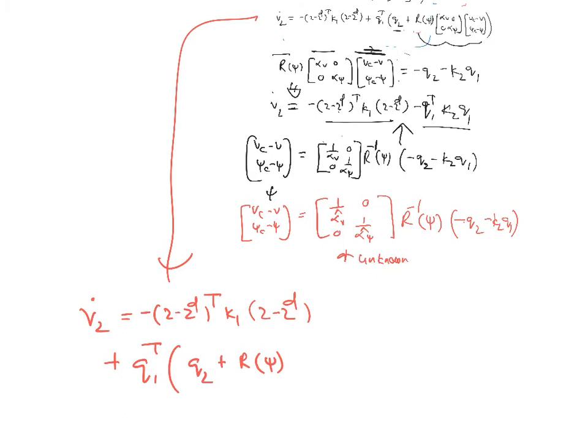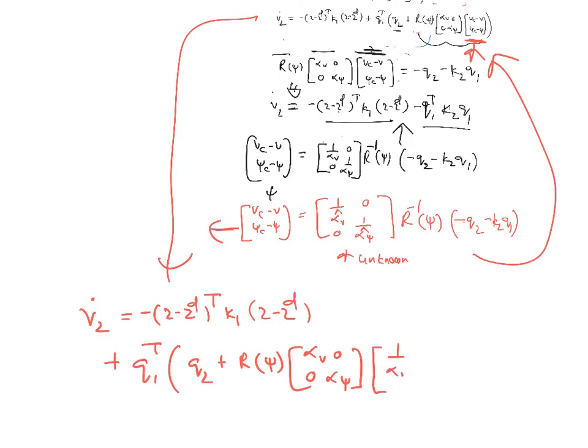So we can plug this in, right? Because if you see here, this value we can just substitute by this quantity. Then it becomes R psi alpha V 0 0 alpha psi, and when we plug this in, it becomes 1 over alpha V hat 0 0 1 over alpha psi hat, times R inverse psi.